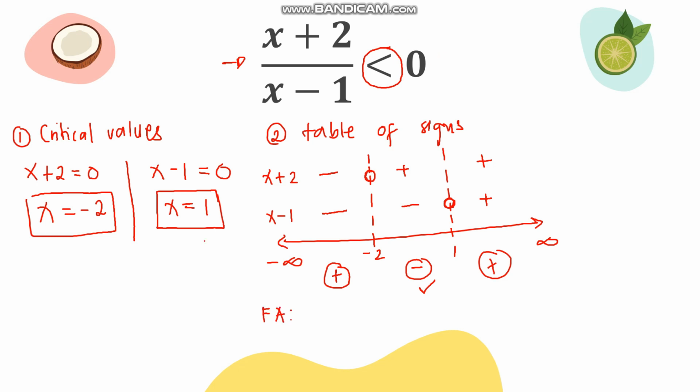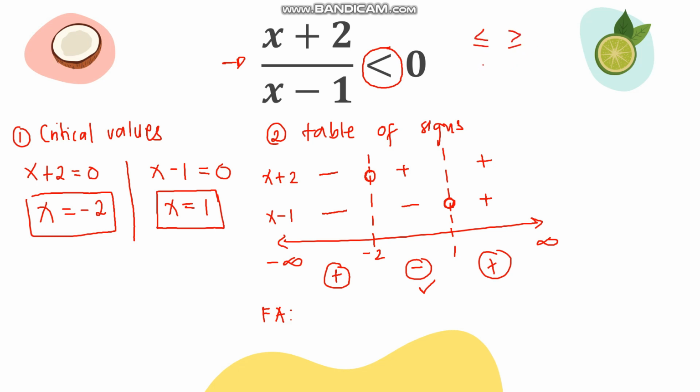Now, in writing the final answer or our solution set, we have to look at the symbol. Since the symbol used is less than, that means the critical values are not included in the solution. So how will you know if it's included? It will only be included if the symbols used are less than or equal, or greater than or equal.